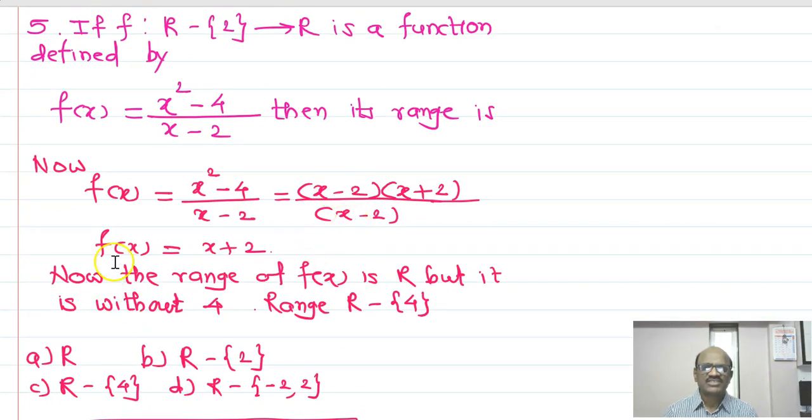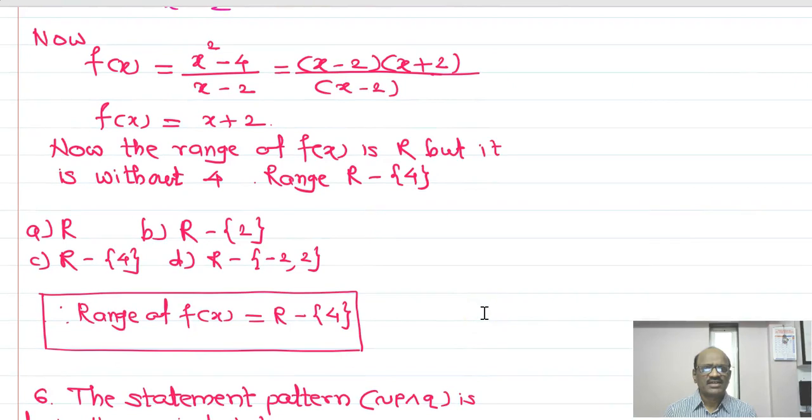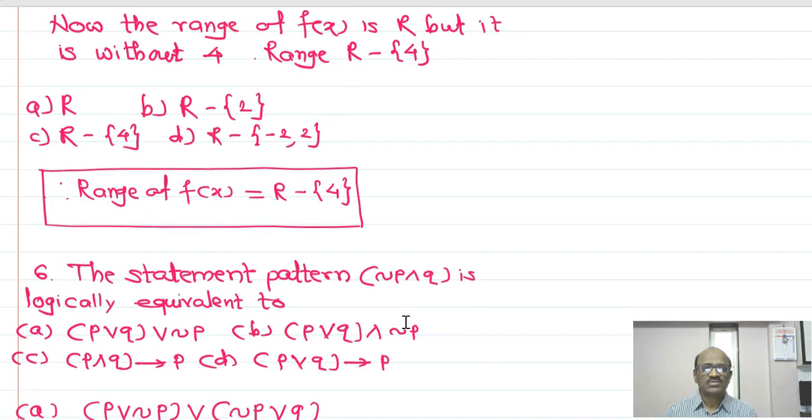After the cancellations, you will get f of x is equal to x plus 2. Now the range of f of x is R, but it is without 4, because every number is other than 4, and therefore the range is R minus 4, and hence the answer, that is the range of f of x is R minus 4.